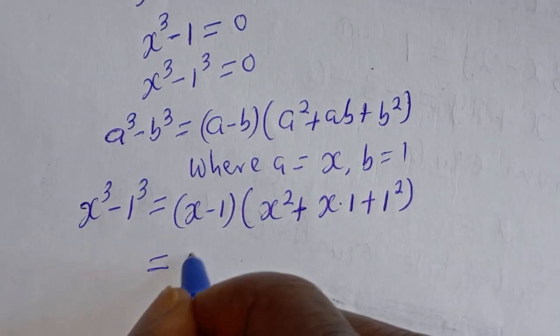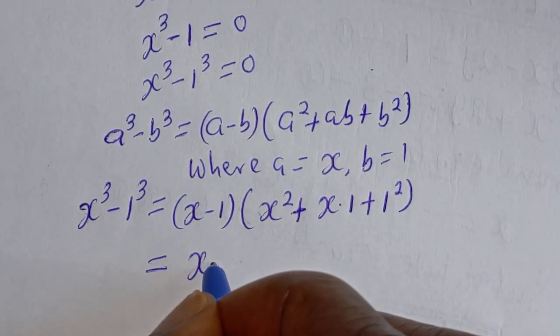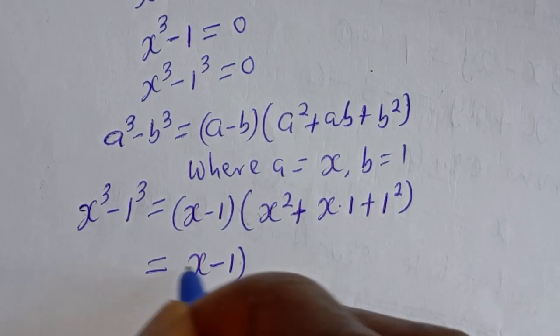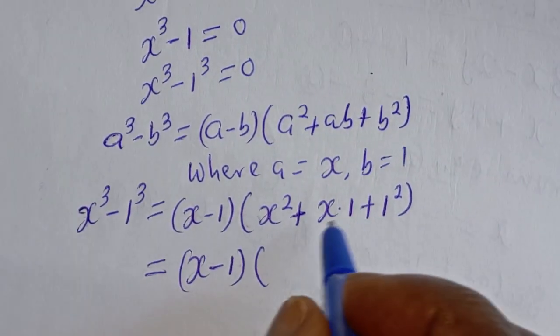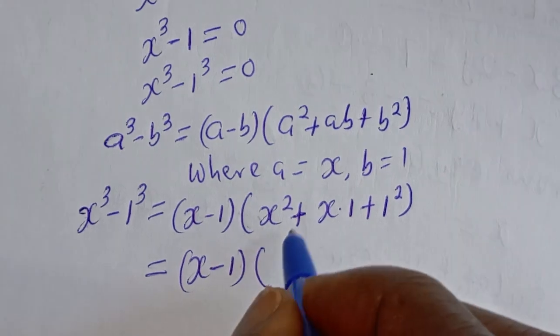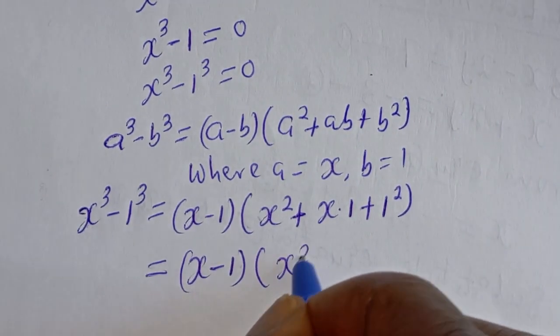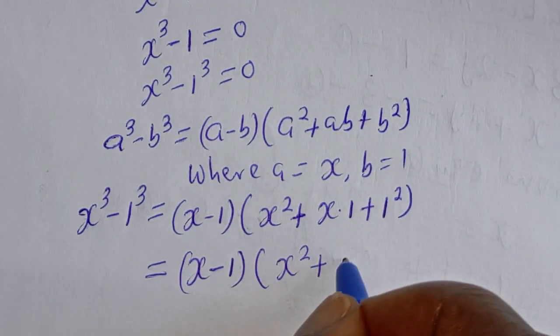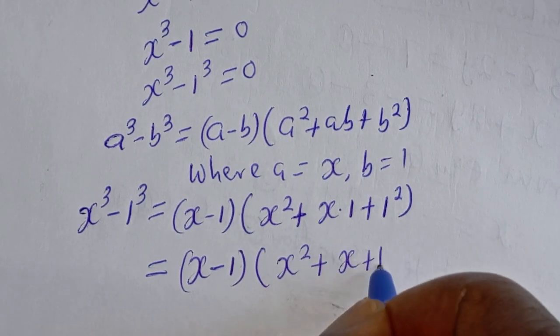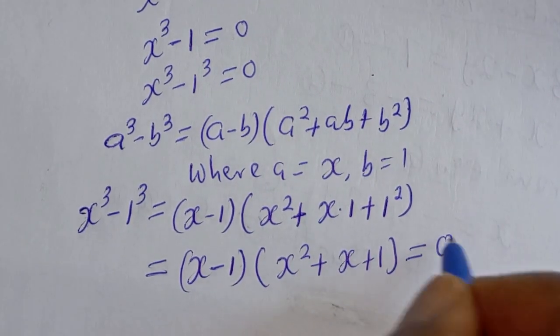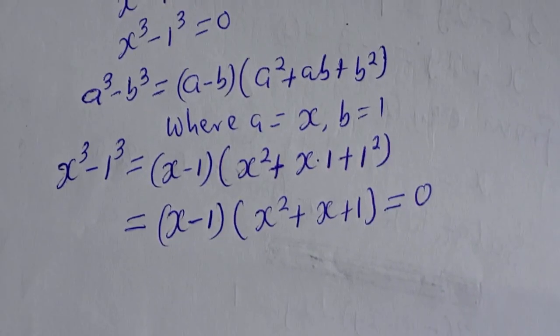This is equal to S minus 1 bracket S square plus S plus 1. Everything is equal to 0.